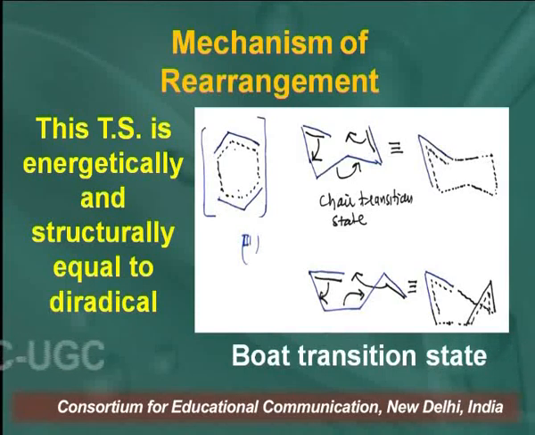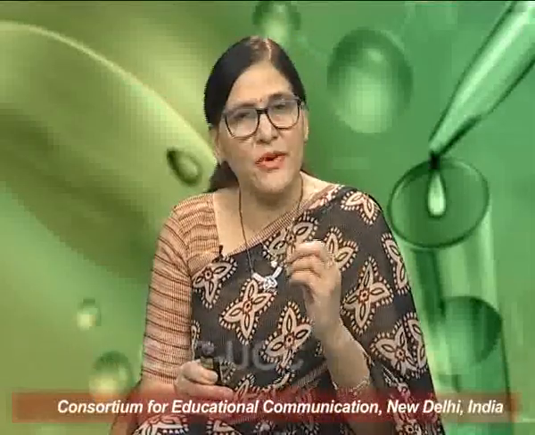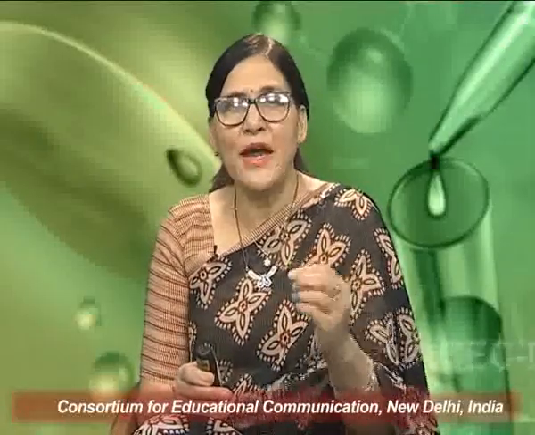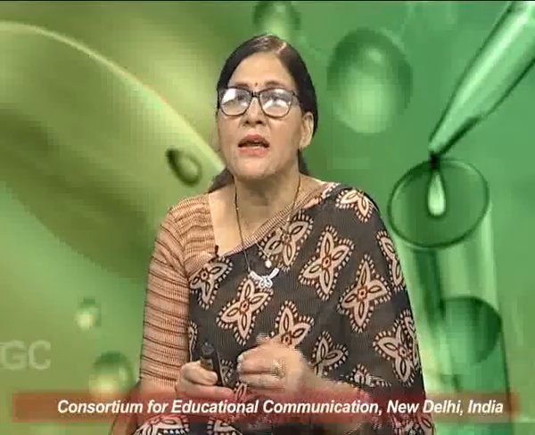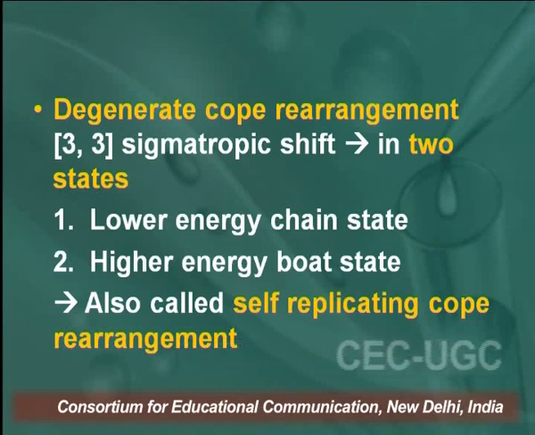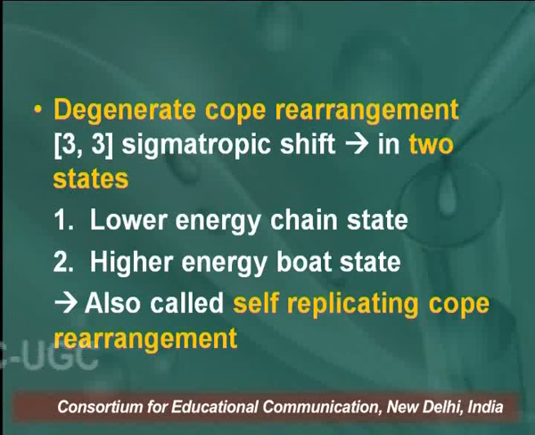The chair form transition state is very stable, and we get a stable product. This is also an irreversible reaction, because the product we get from the 1,5-diene in the Cope reaction is very stable.